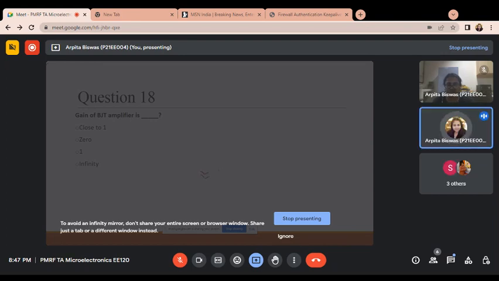So the right option is close to 1. Samuel? Close to 1. Yes. A common emitter based BJT amplifier acts as a dash type of amplifier: current, voltage, load or all of the above. All of the above. Samuel, what is the right answer?